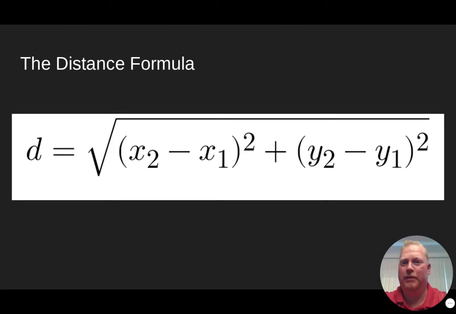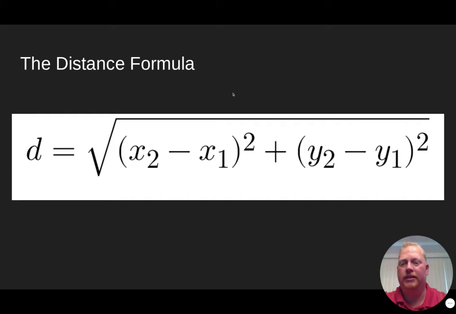This might look big, bad, and complicated, but once you understand what it's saying, it's really not that bad. I see a lot of X's and a lot of Y's because when you have a line on the coordinate grid, you've got 1 point here and 1 point here. Each point has its own coordinates, so an X and a Y here, and an X and a Y here.